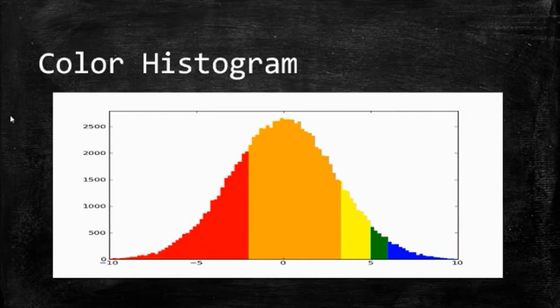There is a problem that can be hard to make this. When an object which is not a car has the same color histogram as the car, the classifier will think it is a car, so the accuracy of the color histogram is limited. So we will use it as a feature.